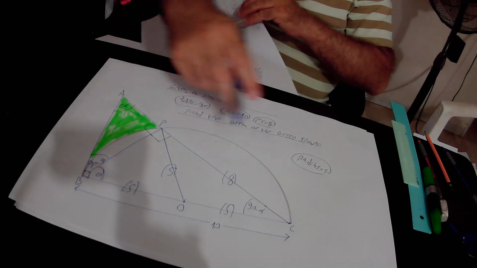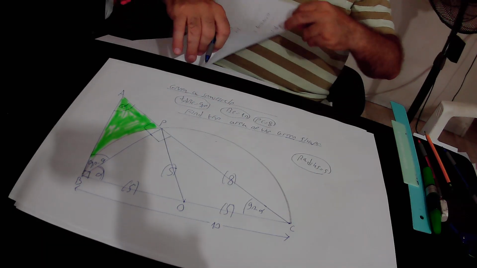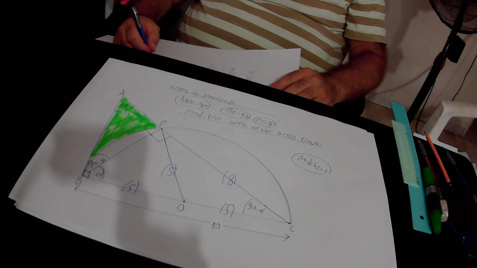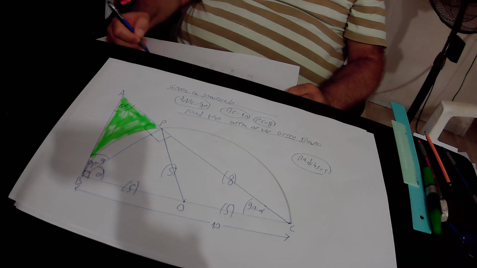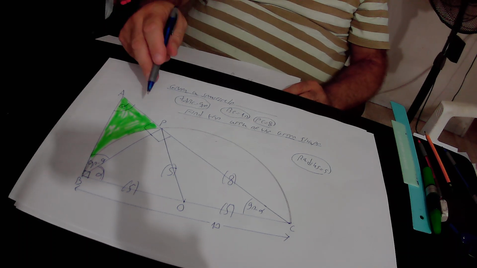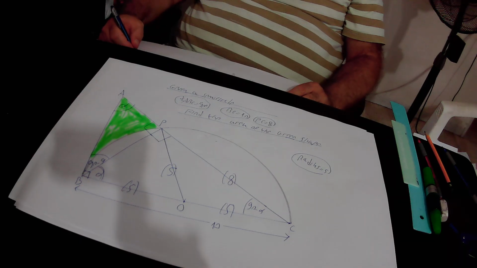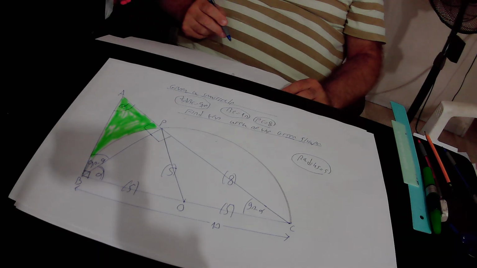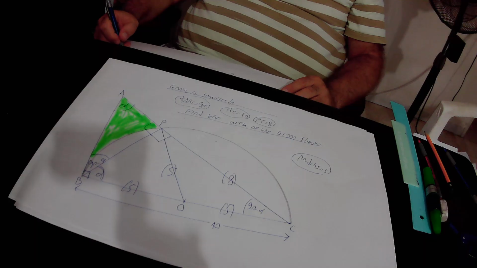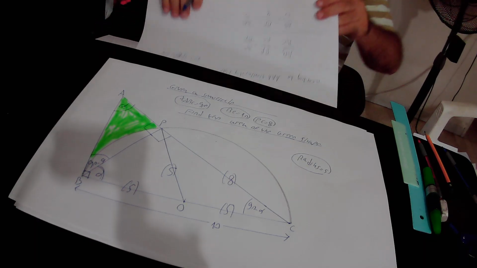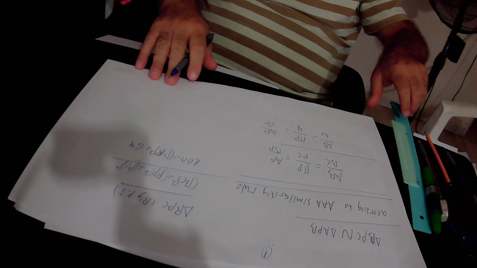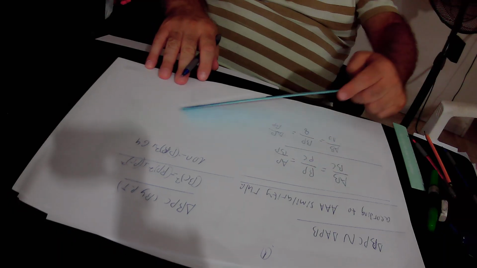BC is 10, therefore BC squared is 10 squared, that is 100, and it equals PB squared. PB is the missing side, so we leave it as it is. So it is PB squared plus PC squared. PC is 8, therefore PC squared is 8 squared, that is 64. So in total we found out that 100 equals PB squared plus 64.